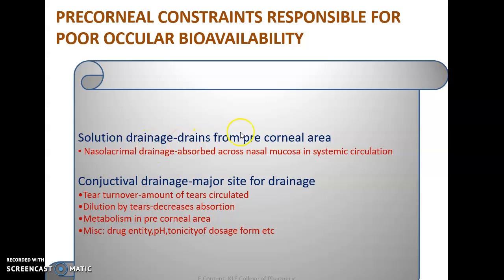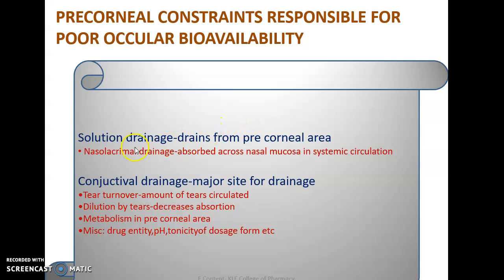Next, precorneal constraints are responsible for poor ocular bioavailability. Solution drainage: the solution drains from the precorneal area. Nasolacrimal drainage: the drug is absorbed across the nasal mucosa into systemic circulation.